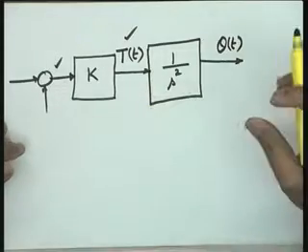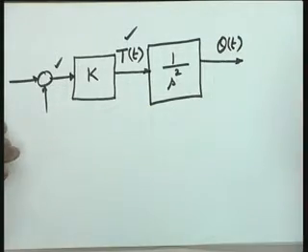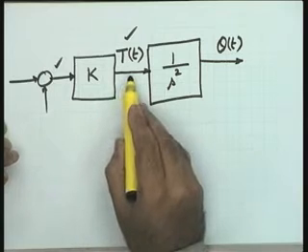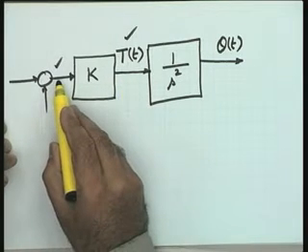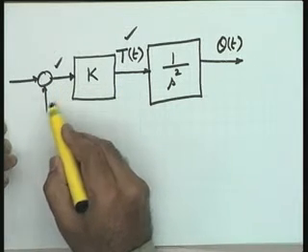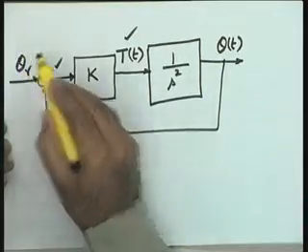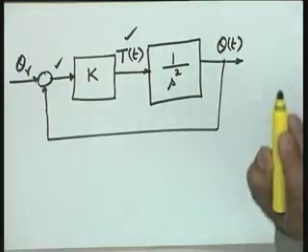This is actually taking care of firing of the thrusters. So thrusters are fired suitably so that a torque T is generated which is proportional to this electrical signal, which again is proportional to the error between the commanded signal theta r and the actual position theta.